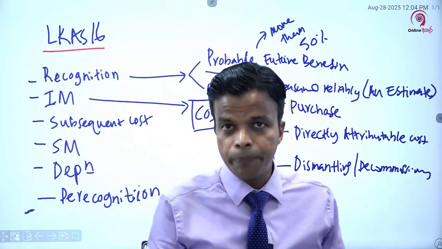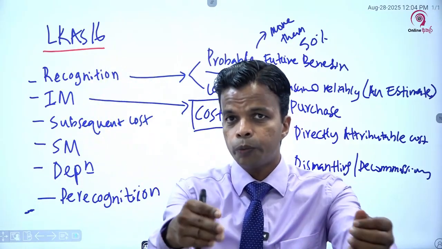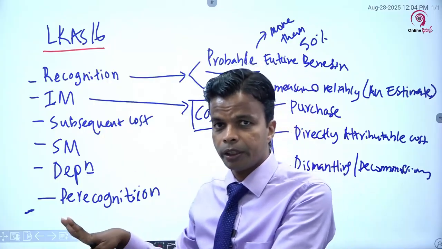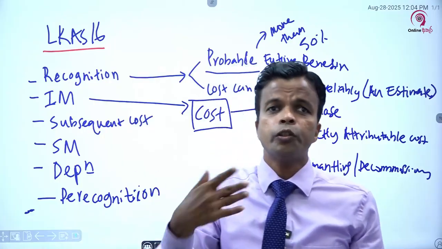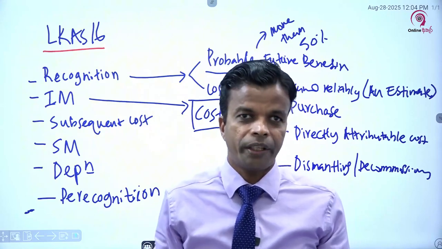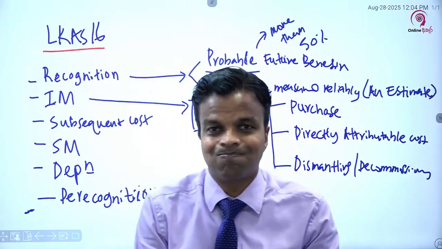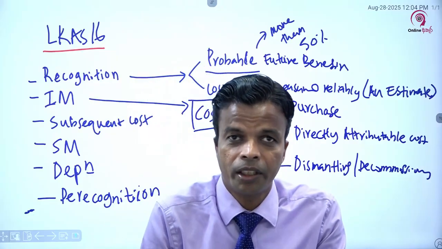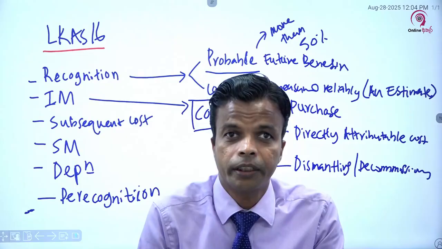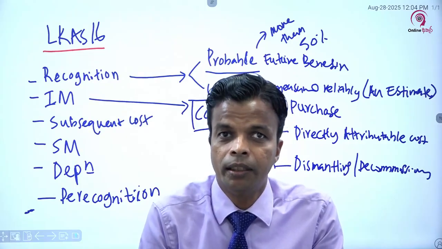Now, for PP&E, yes, you purchase today and record it initially as PP&E, but subsequently you also incur some costs, right? Let's say, for example, I have a machine, and after 1 year a technician comes, checks the machine and does some repairs.